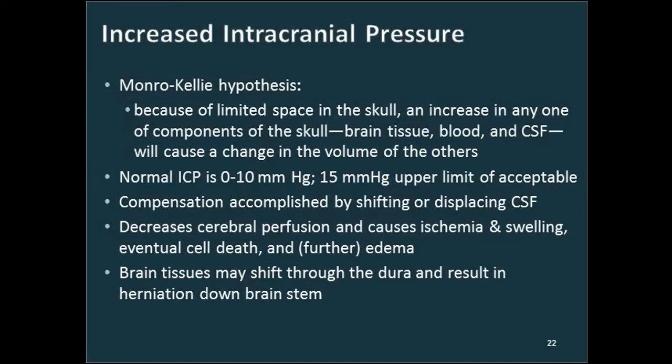Too much pressure, we don't need as much blood, we don't need as much CSF, so the body shuts it down, reduces it. The problem with that is if we have reduced blood flow, then we have reduced perfusion. And if we have reduced perfusion to the brain, then it's not getting oxygen like it needs, and so it can develop ischemia.